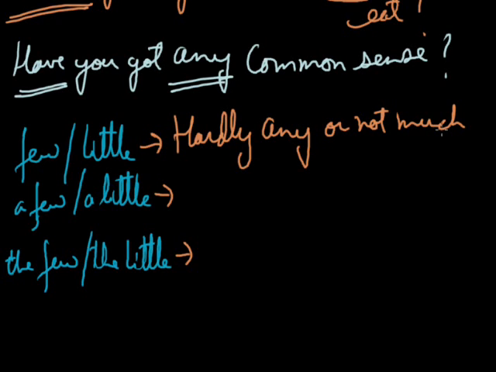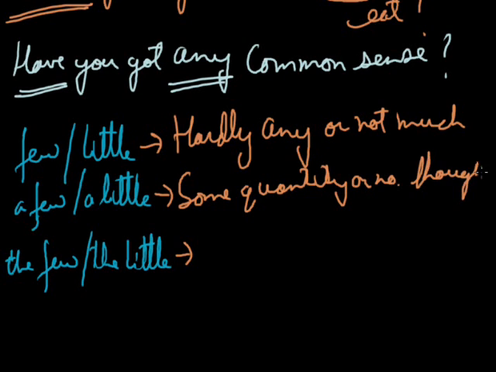That means hardly any or not much. It doesn't mean zero. It means almost nothing. We will clear this one through the examples. Coming on to a few and a little, that means some quantity or number, though not much.